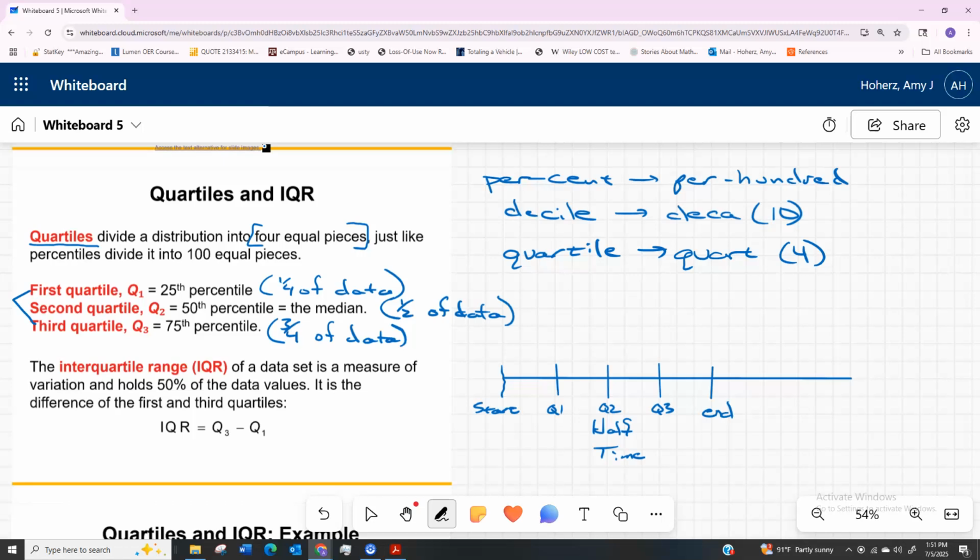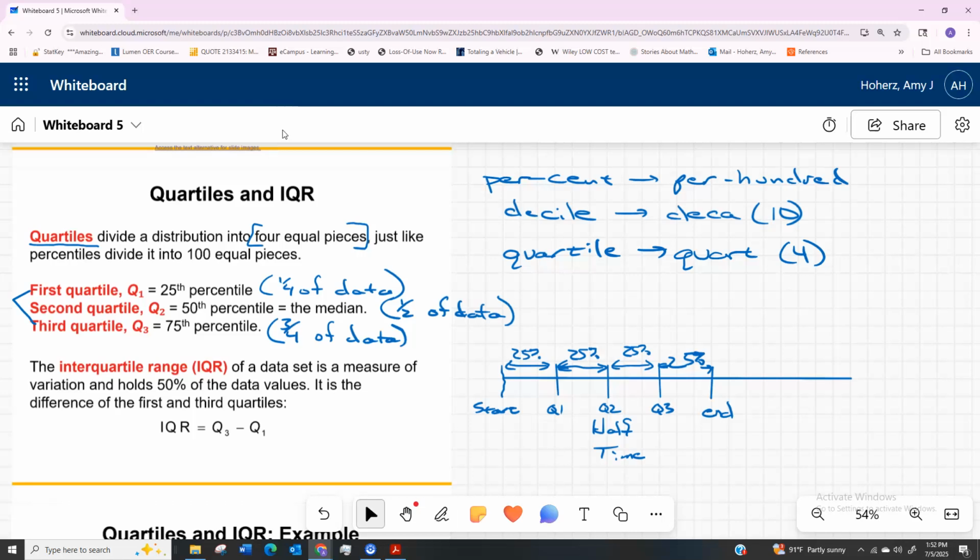So time-wise, half of the game occurs before halftime, half of the game after. 1/4 or 25% of the game is before the end of the first quarter, 25% of the game is between the end of the first quarter and the end of the second quarter, or before halftime, and then 25% of the game is between halftime and the end of the third quarter, and then another 25% of the game is between the end of the third quarter and the end of the game.